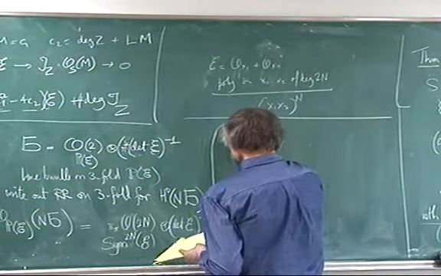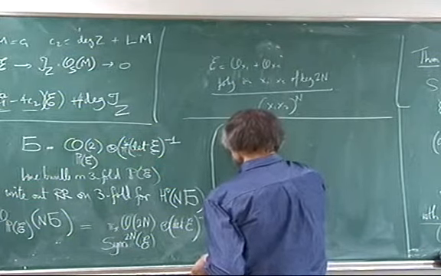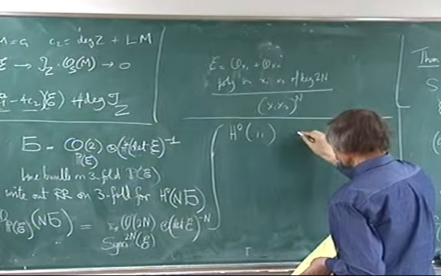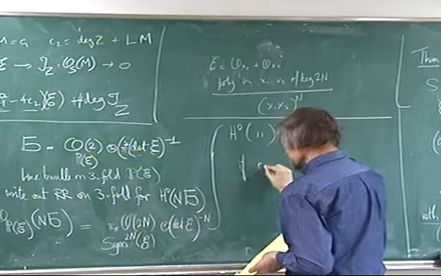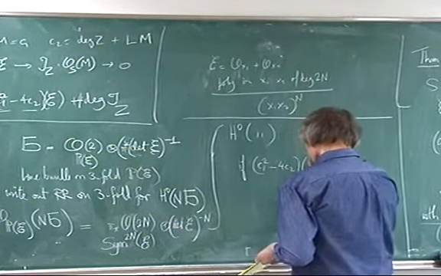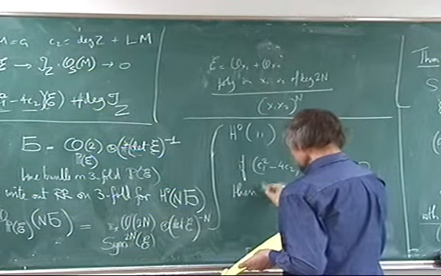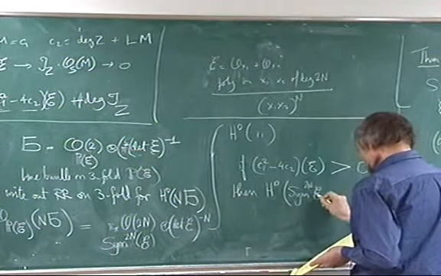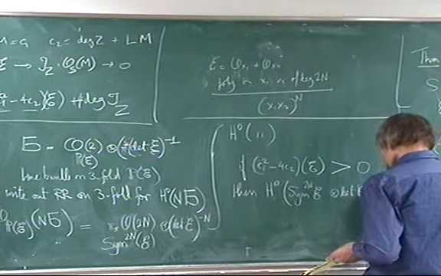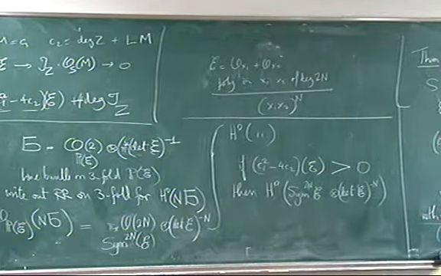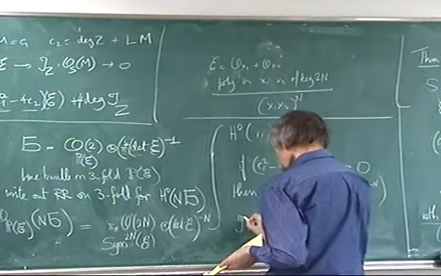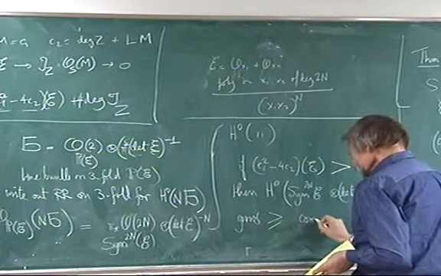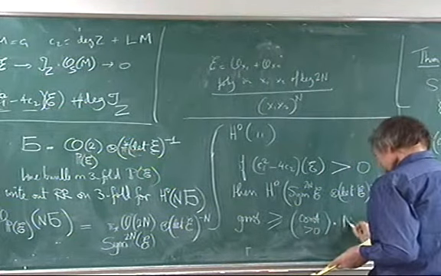So the claim is that H naught of this bundle, if C1 squared minus 4C2 of E is greater than 0, then H naught of this bundle tensor determinant E to the minus n, so this is the bundle that's got trivial determinant, grows greater than a constant greater than 0 times n squared.